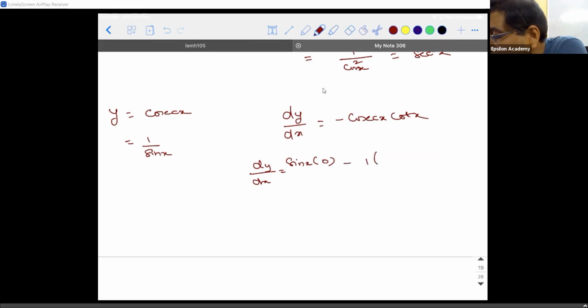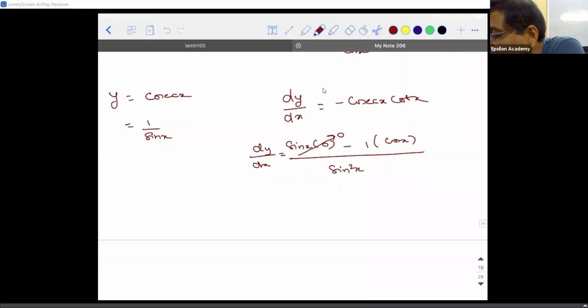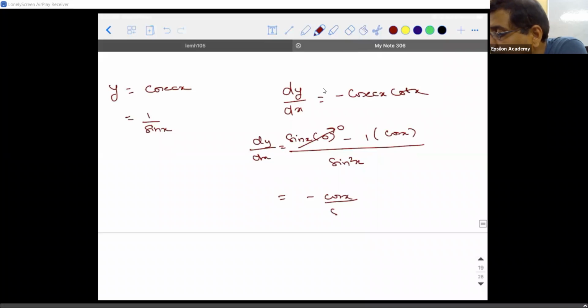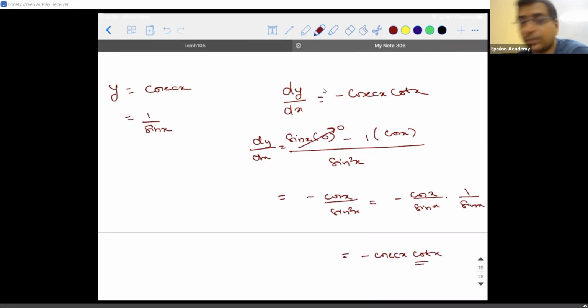Minus numerator into the derivative of denominator, that is cos x, the whole divided by sin square x. So this disappears, and it is minus cos x divided by sin square x. You can write it as minus cos x divided by sin x into 1 divided by sin x. So this is minus cosecant x into cot x.